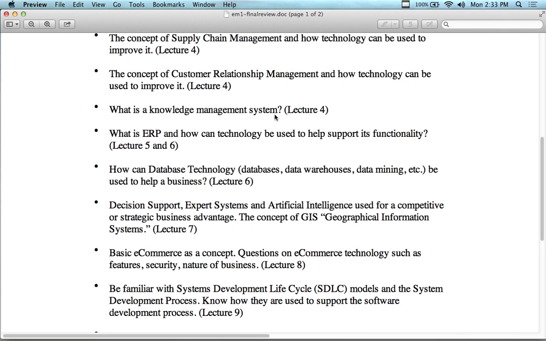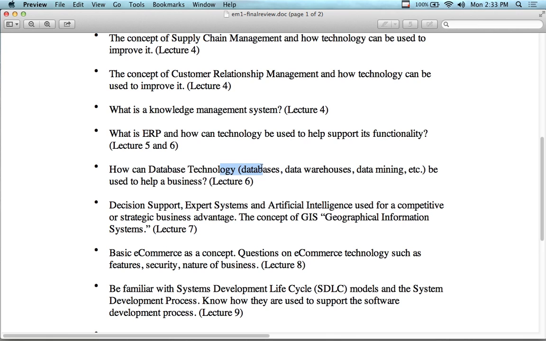Databases and database technology, data mining, data warehouses, really lecture 6. And you might think to yourself, okay, she just said how can database technology, on this bullet point right here, databases, data warehouse, data mining, can be used to help a business. Well, I don't know anything about data mining. Then don't worry about it. You don't like data mining?